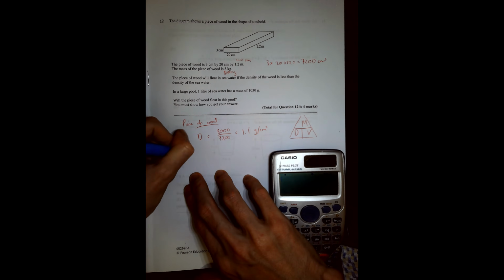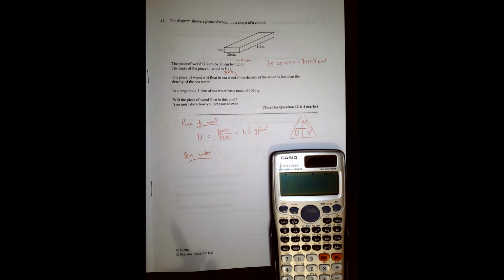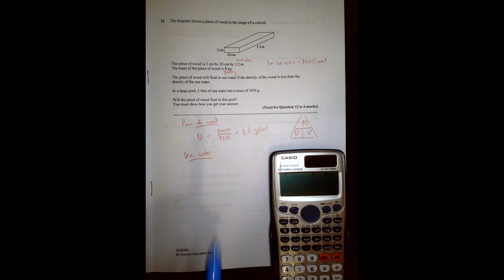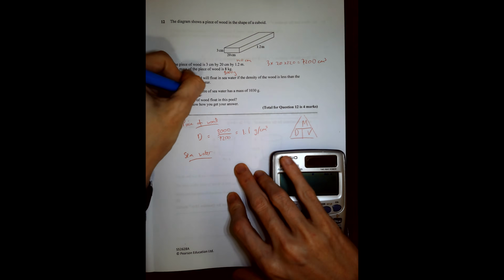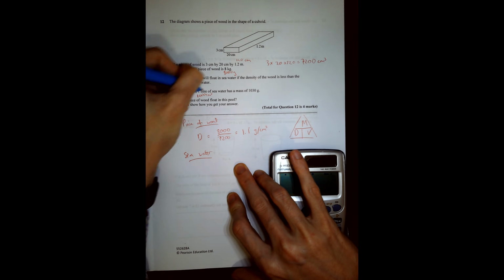Now, seawater. Okay, we've got it in grams. We've got 1 litre of seawater. Now, 1 litre, we're going to have to convert that into centimetres cubed. Okay, now 1 litre is 1,000 centimetres cubed in terms of volume.